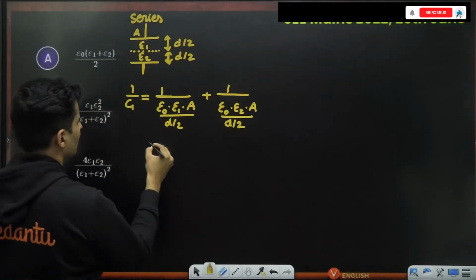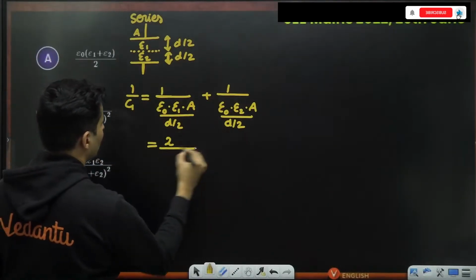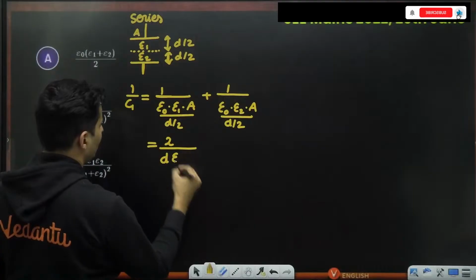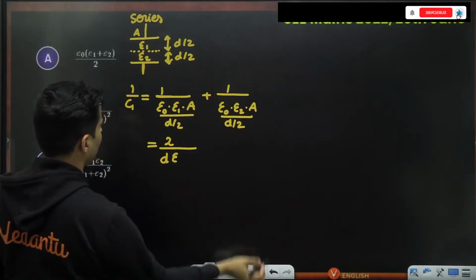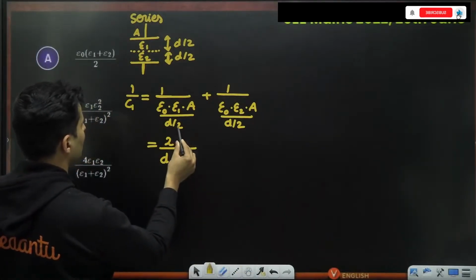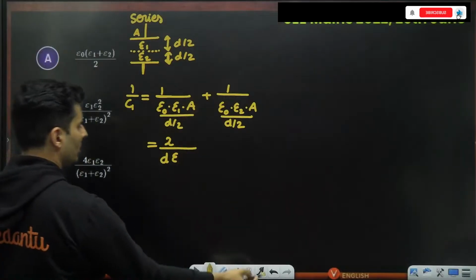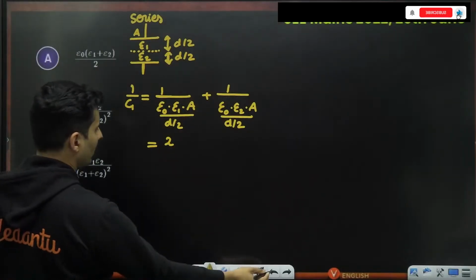Okay. So a lot of things are common, like 2 and D. So this D will go on the top, my bad, and 2 will come below.